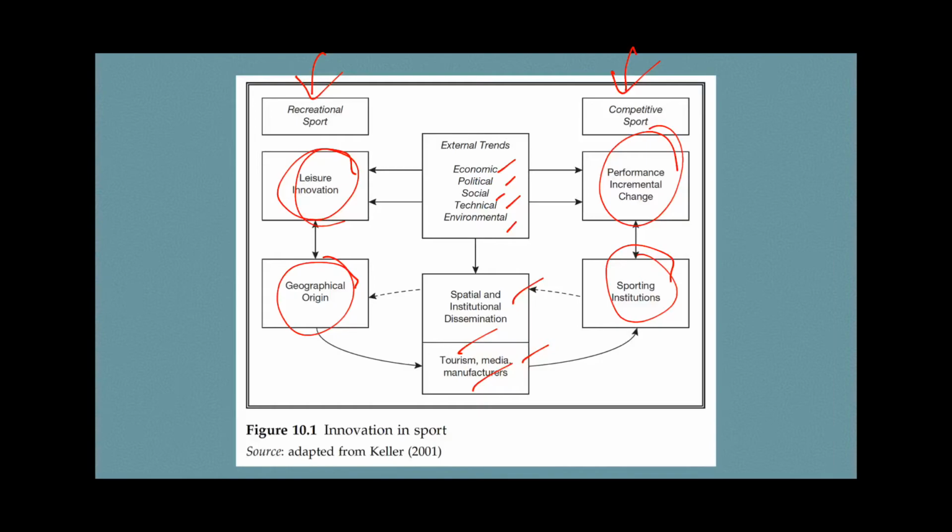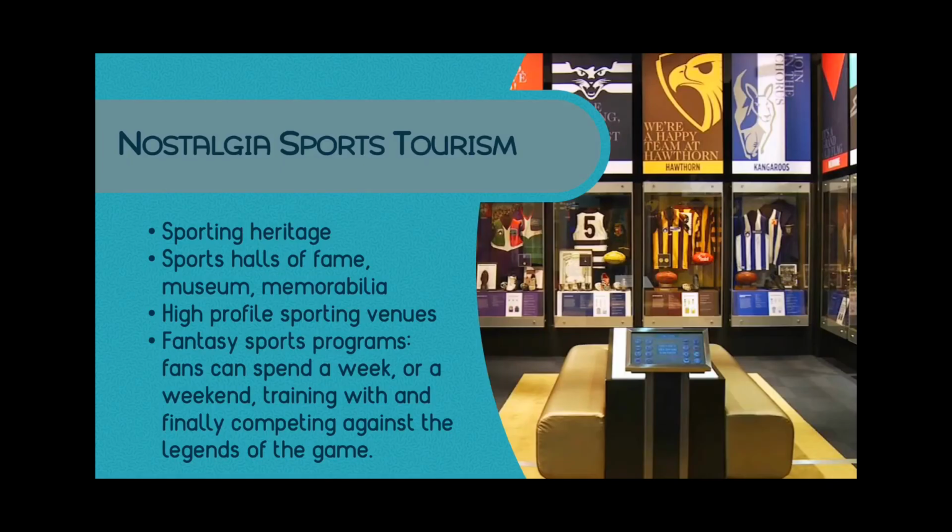And these are basically all the mechanisms that make changes in sports more acceptable and allow innovations in sport to happen. Now, again, in tourism, one of the more recent innovations in sports tourism is nostalgia sports tourism. I've explained this, I think, twice already. It's a part of sporting heritage. It's very important because sport is a very important institution in our society, and therefore history in relation to sport must be documented and celebrated.